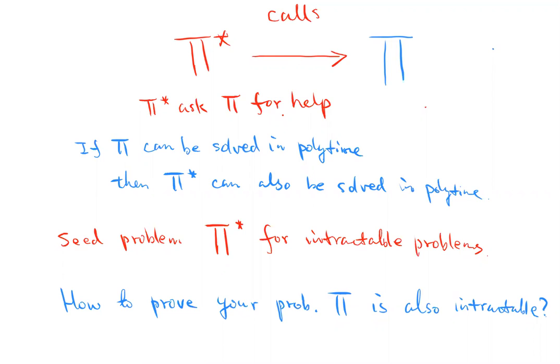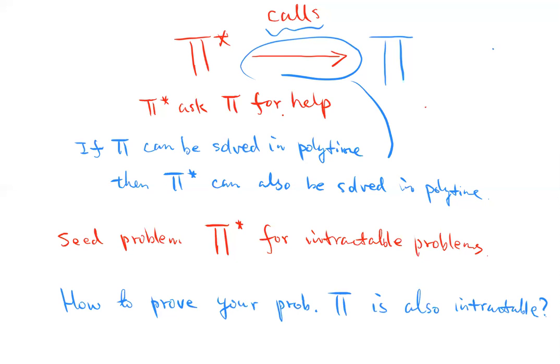So that's the meaning of this call. In order to prove that pi is also difficult, we can use this idea. If I can prove that there exists some kind of call from pi star to pi with the following property, then that shows pi is also difficult, because otherwise I will be able to solve the difficult problem. But by the fact that pi star is difficult, we know then pi cannot be solved in polynomial time.